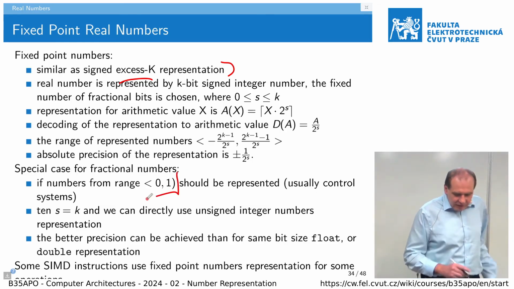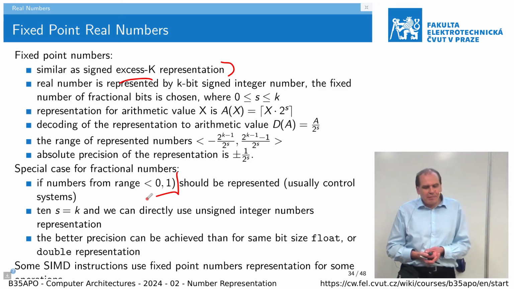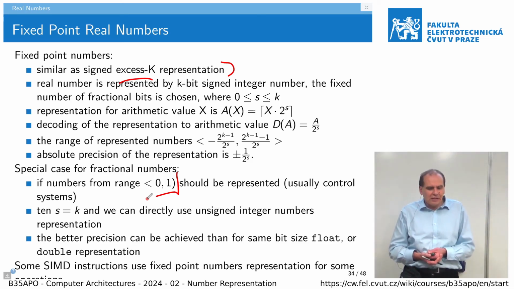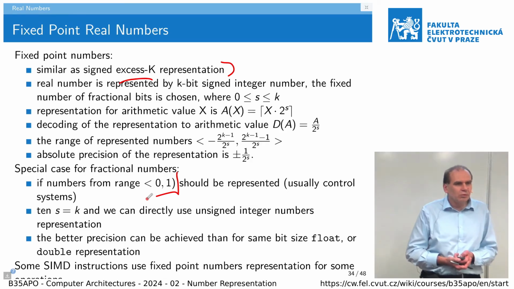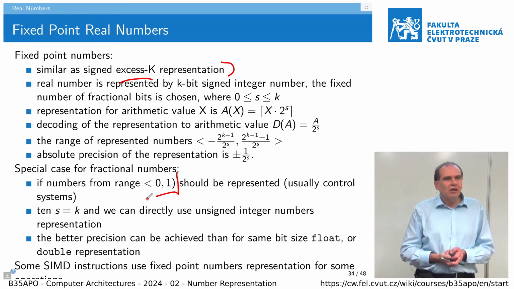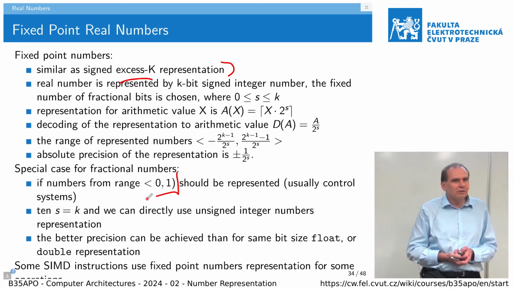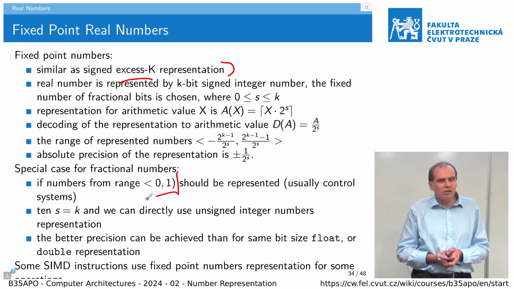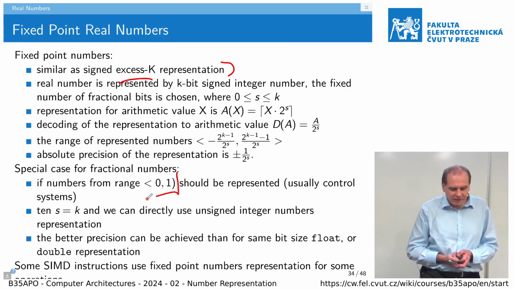Sometimes there is a special case when we need to represent values in the half open interval from 0 to 1. It is quite often necessary in control, or if you want to do some attenuation of the colors and so on, you can use this representation.